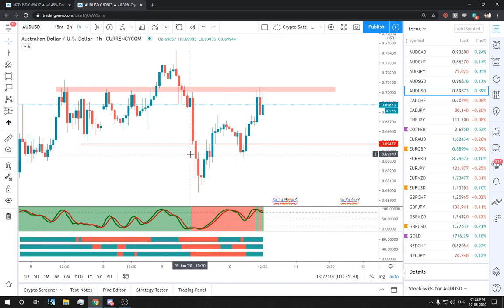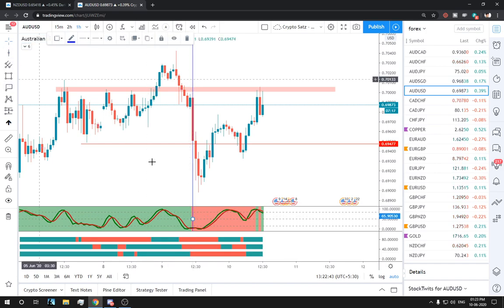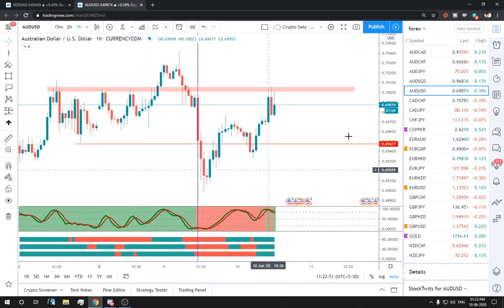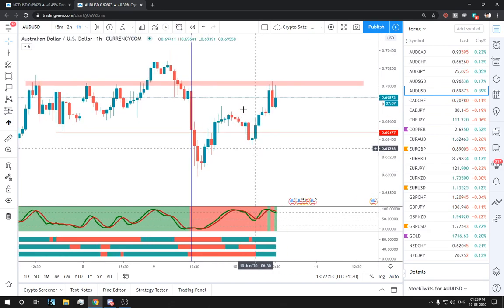AUDUSD, we had a short over here. Let's review that. That was yesterday's signal, 9th June. So we'll review that signal first, because in my previous video we were looking at 8th June, which is around here, and we are looking at 9th June, yesterday's structure.